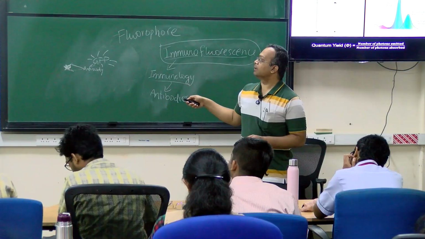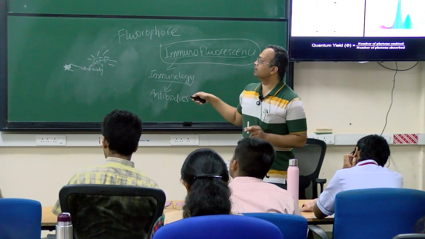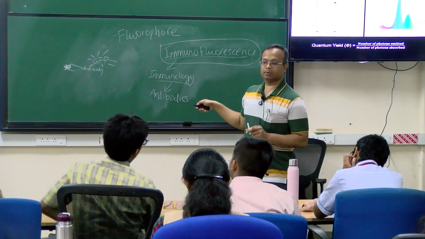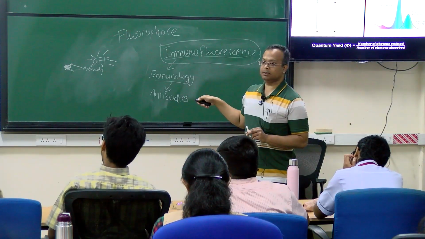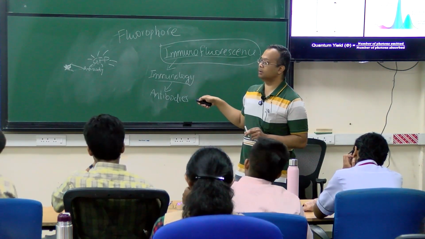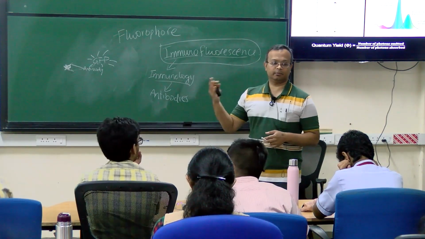They hold that energy only for a few nanoseconds, and then they fall back to their ground state. As they fall back, the energy they release comes out in the form of fluorescent light.